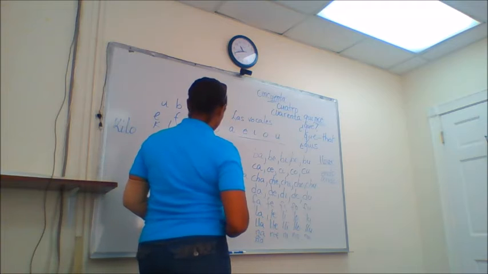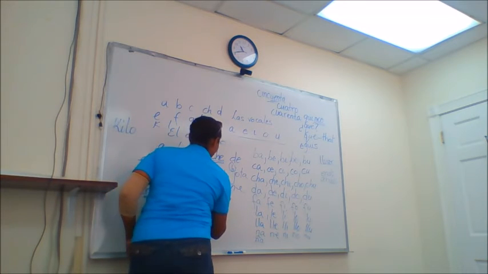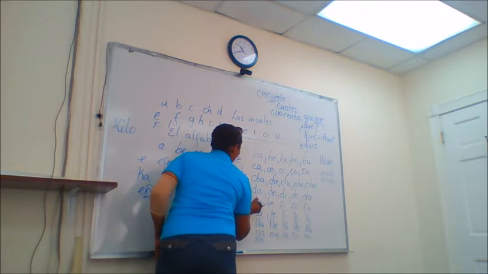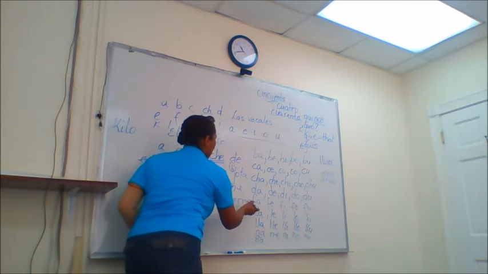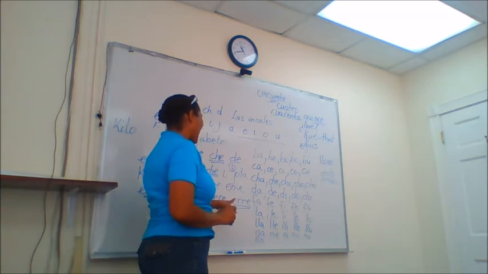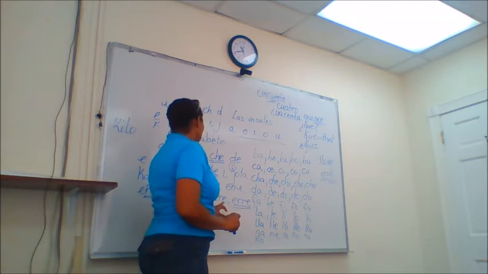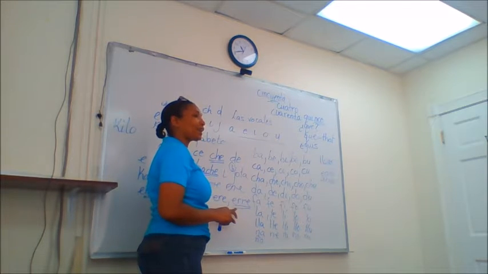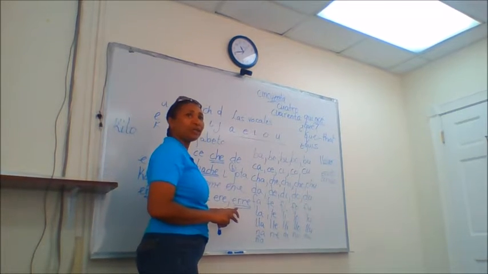So let's go on. The next letter would be? We have two. This is a special one, double R. So we say doble R, right? This is R that stays at the roof, and this one is R to the end.